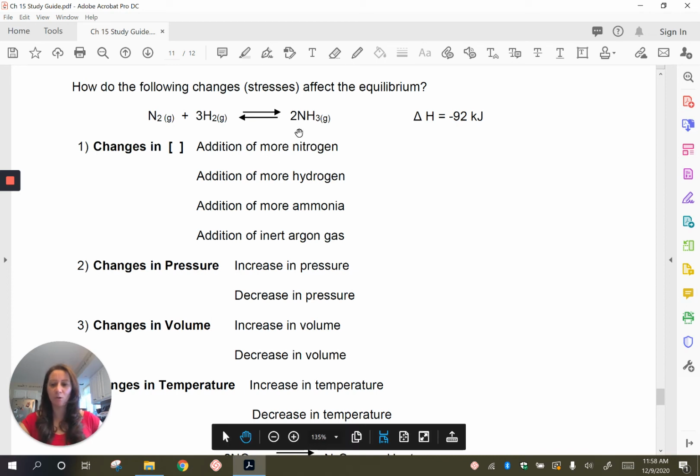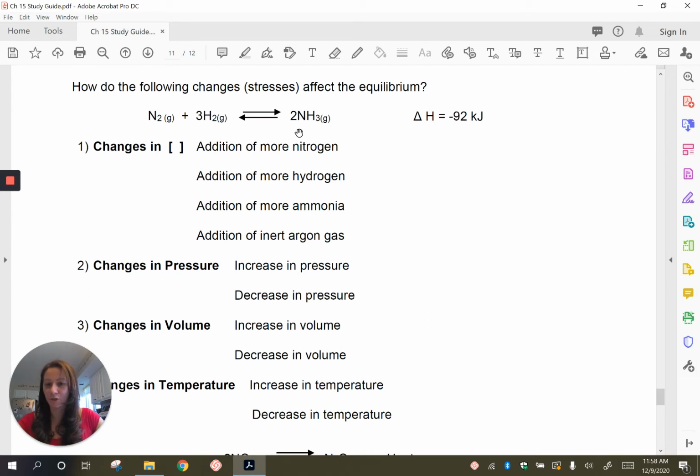What if you're already at equilibrium, forward and reverse rate are equal to each other, and you add more nitrogen? Well, now you have too much nitrogen. Remember, you have a certain ratio of products to reactants that you have constant at equilibrium. So if you add nitrogen, then now you have too many of the reactants.